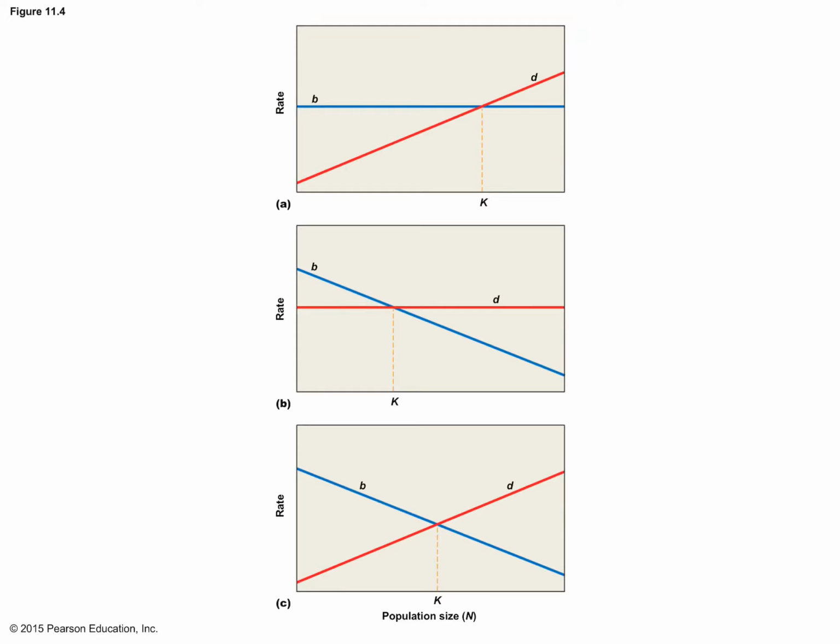All right, so what factors can lead to density-dependent regulation? Well, we can have reduced resource availability.